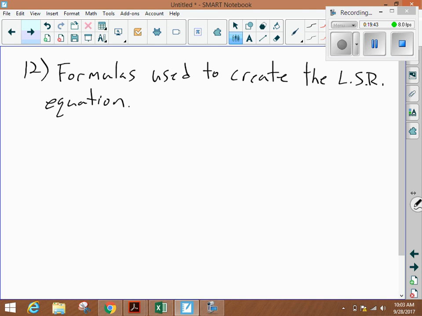I'll give you a formula sheet and tell you which formulas to look at, just to give you a jump on this problem, because it's very mathematical. If you have questions about it, I can help you out.